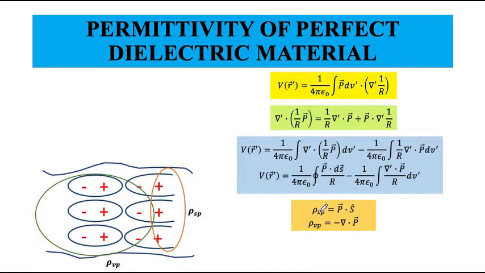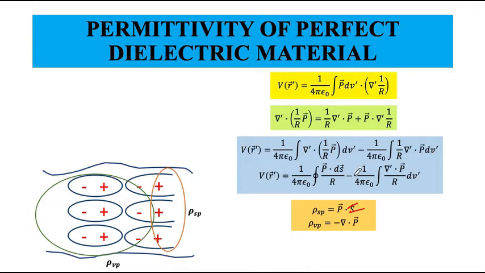So rho Sp is equal to P vector dot S hat, because we have to understand that the surface itself could be irregular in shape. So at every point on the surface I have to find out what the surface normal is, and then on the surface normal I have to find out what the contribution of P is.